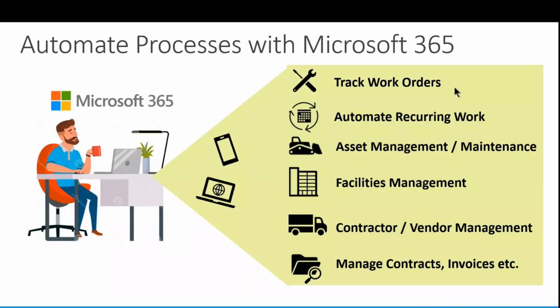So what we're going to show you today is how you can use your existing Microsoft 365 or Office 365 cloud and tenant and the capabilities within that to actually do some of the automation of things like tracking and managing the work orders. And work orders in our terms is really all work going on. It could be a maintenance work order, it could be a recurring work order, and so on.